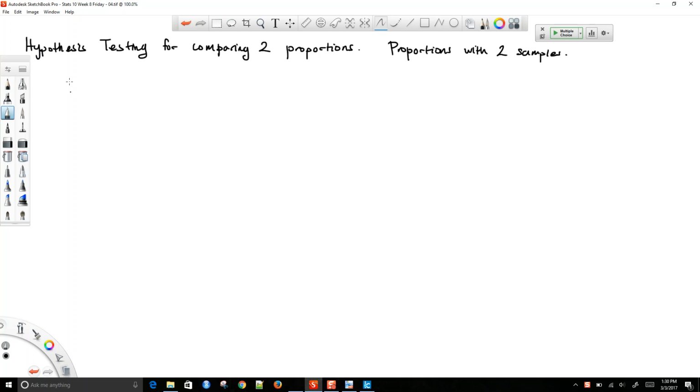We'll have the same 4 steps. We set up our hypotheses, and this time the null hypothesis will always be that P1 is equal to P2. This can also be written, and they are exactly the same, as P1 minus P2 is equal to 0.